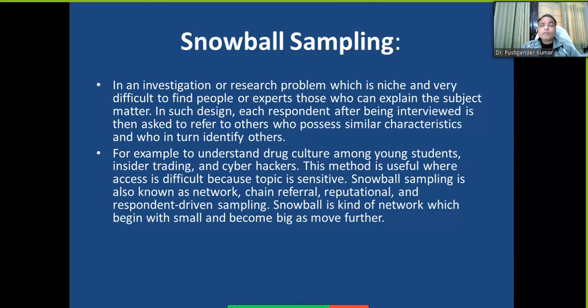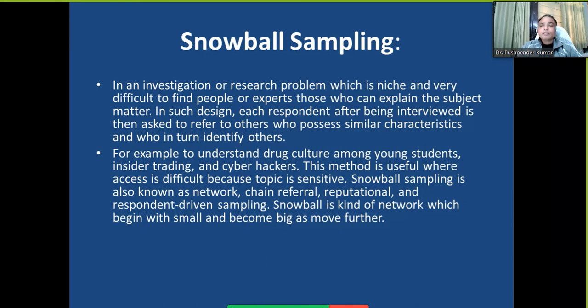It would be very difficult because nobody will talk about it, but it's a very important social issue now, especially in some areas. Maybe I'm not sure about which state, but these things are emerging. So as a social scientist, if you want to study this matter, surrogacy, then you need to find one person. Then that person may give you a reference, okay, this is another person who has been into this. But it's a very sensitive issue, right?